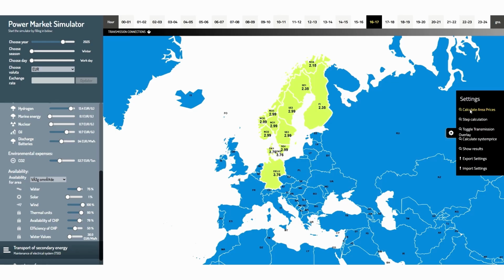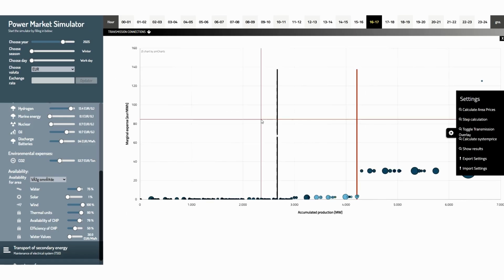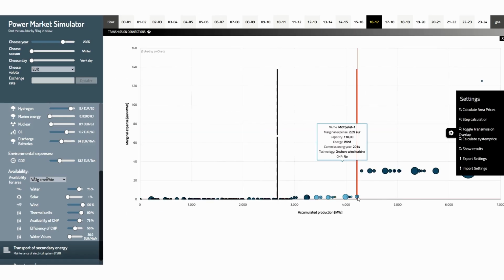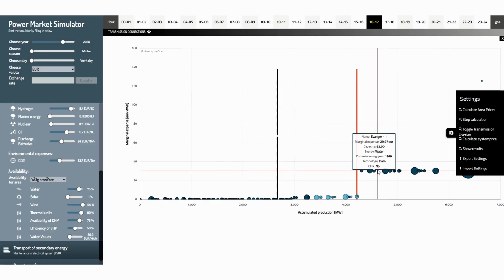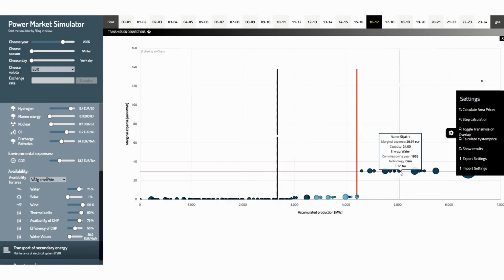And we would have assumed that it was the hydropower plants in Norway that would set the marginal cost. But if we right click, for instance, on NO5, you can see that this is the demand, this is the production in NO5. All these units are hydropower plants with a storage.